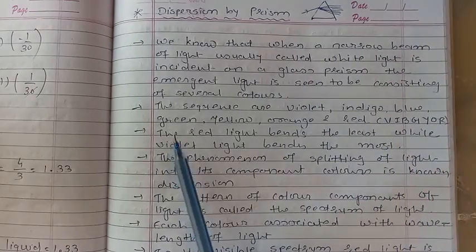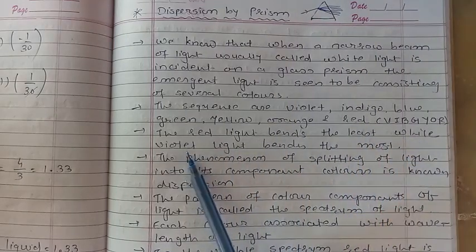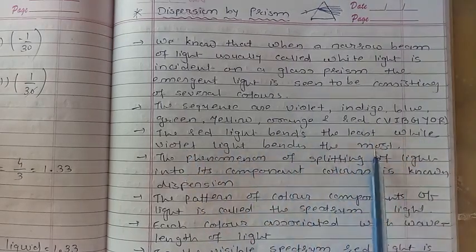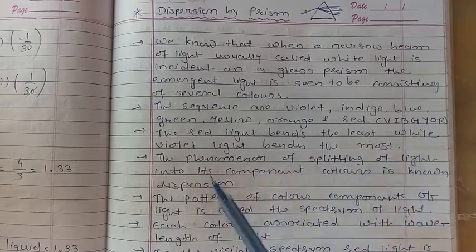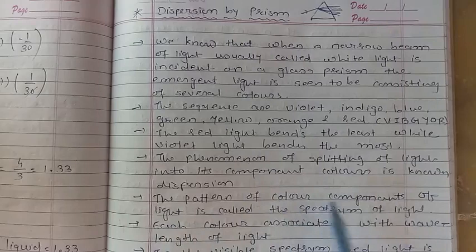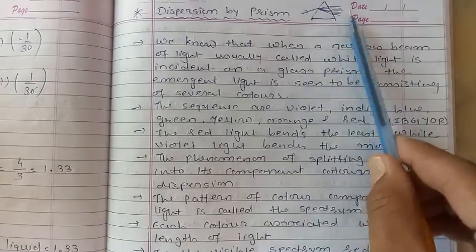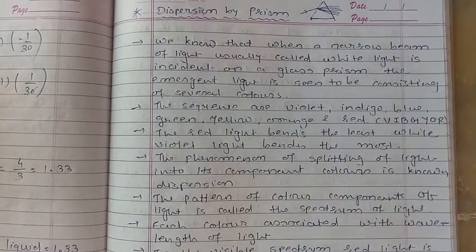You have to remember, the red light bends the least and the violet light bends the most. This phenomenon of splitting of light into its component colors is known as dispersion, and the pattern of color components of light is called the spectrum of light. You have to remember this.